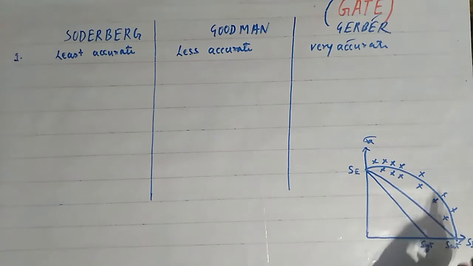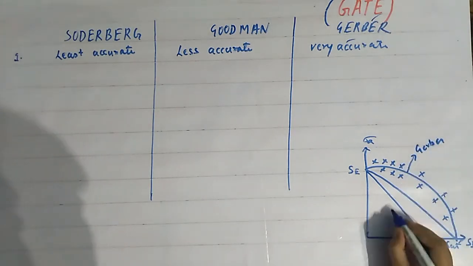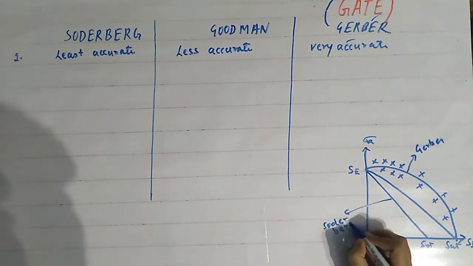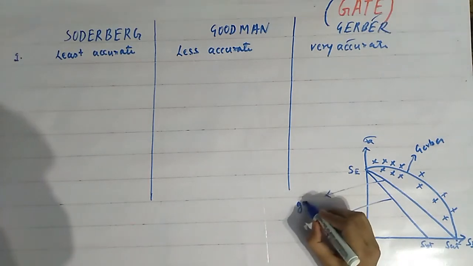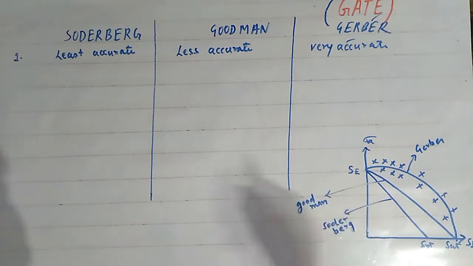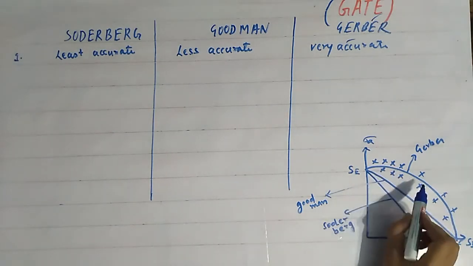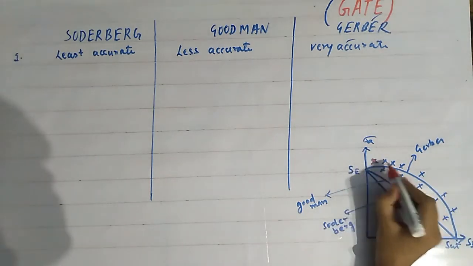you can see that this is the Gerber parabola and this is the Soderbergh line, and this is the Goodman line. And we know that the Gerber parabola is lying closer to the failure points that are denoted by these small x, that is, these are the failure points.